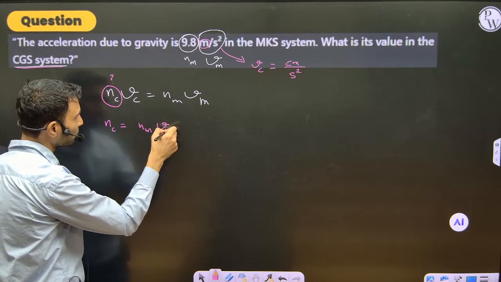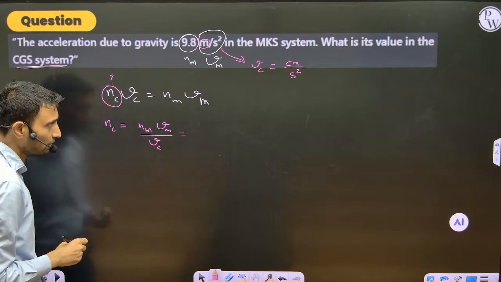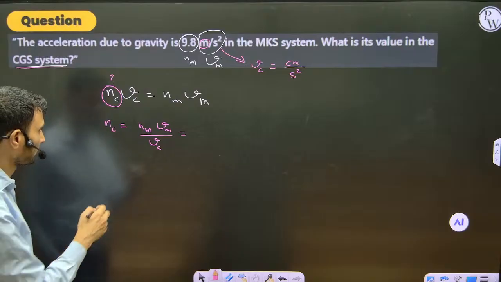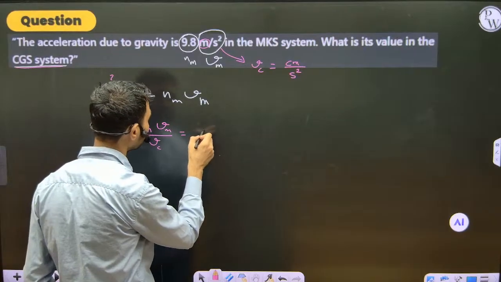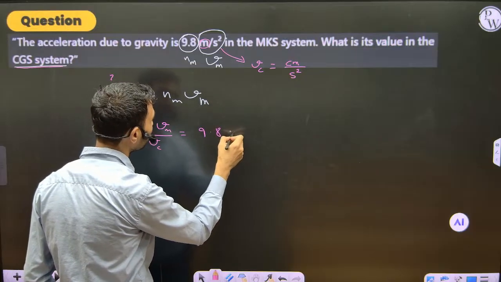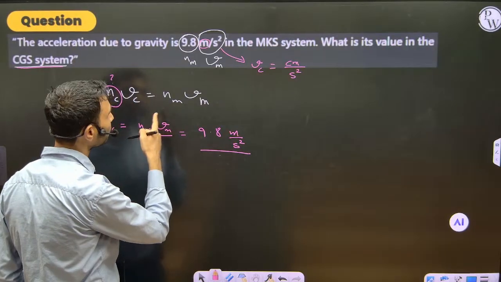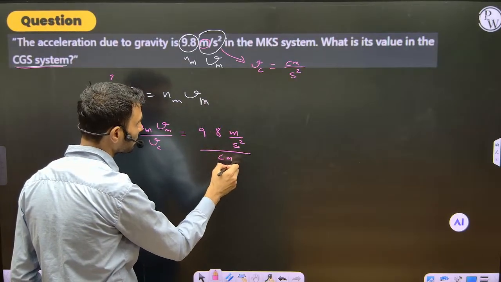NM divided by UC. Okay, let's put the value. NM is how much? 9.8. UM is how much? Meter per second square, divided by UC. UC is how much? Centimeter per second square.